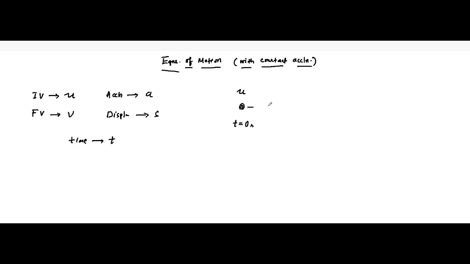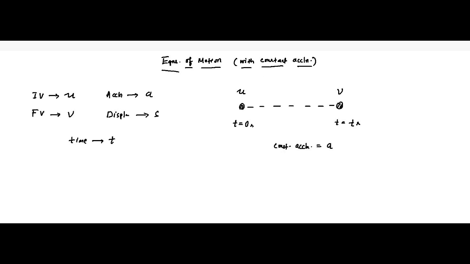It is moving along a straight line, and at a certain time instant, let's say t equals t seconds, it has attained a velocity v, which is the final velocity at that instant. And it is moving with a constant acceleration a. So we will be deriving the equations.